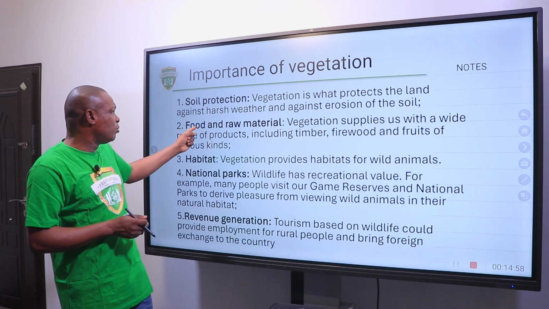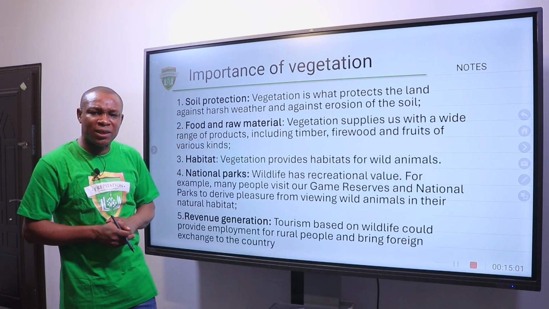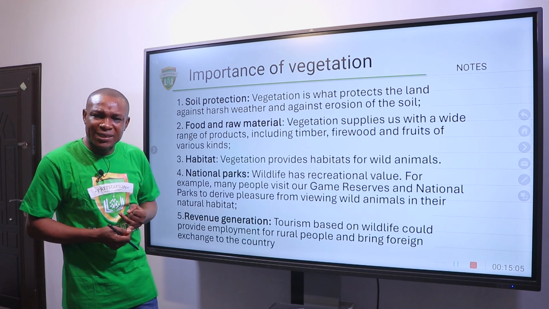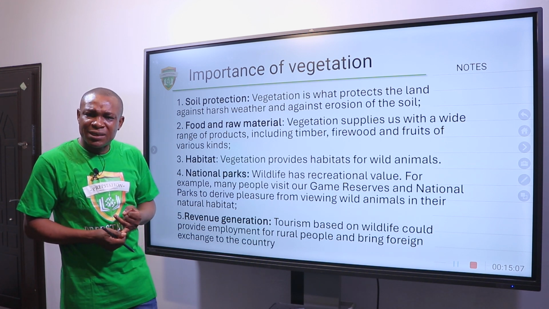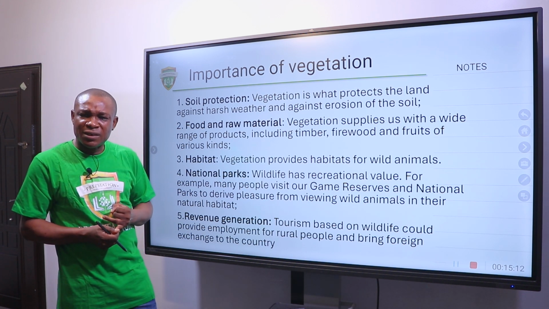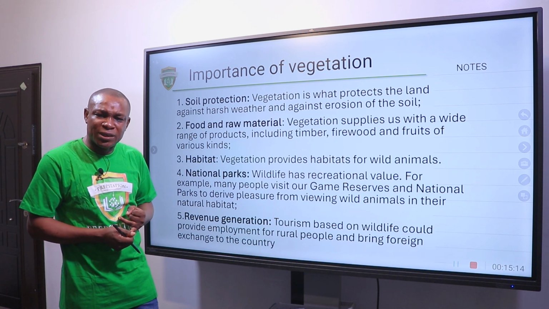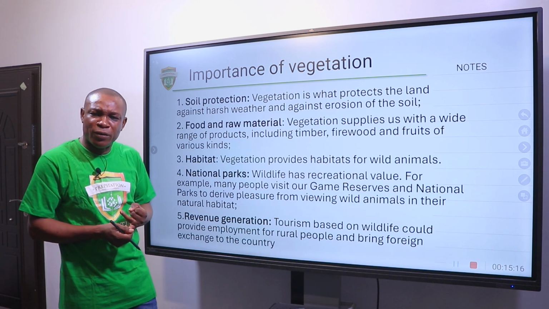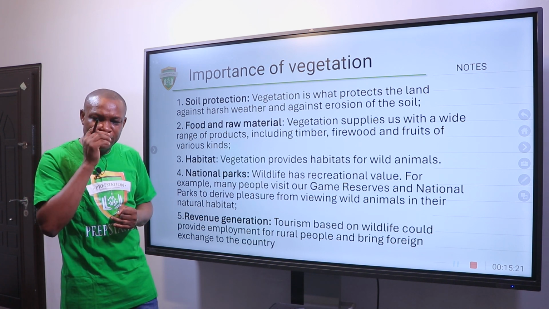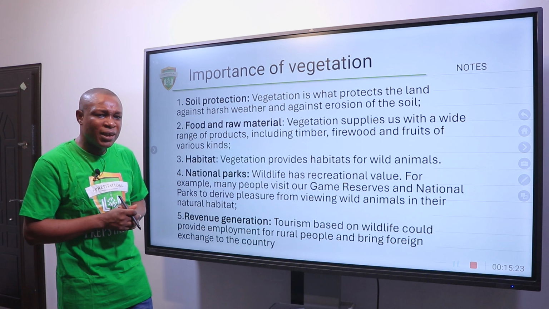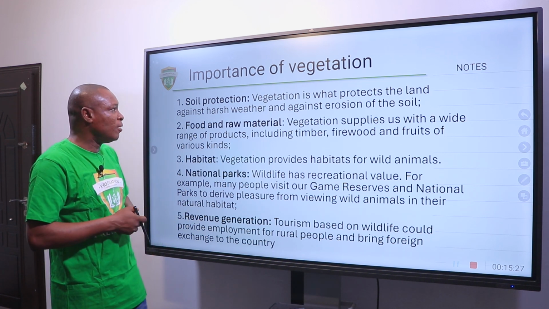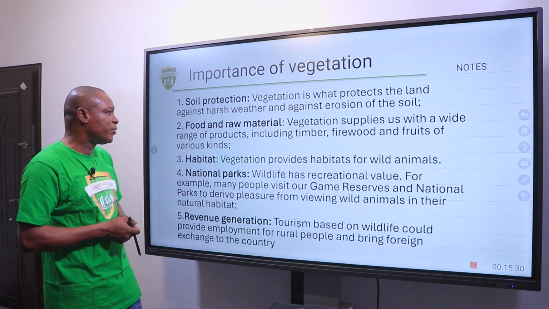Number two, food and raw materials. Some of the food we eat is plant-based. That is one of the importance of vegetation, they serve as food. So when you take plants from any of the vegetation, whether the forest or savanna, and make use of them as food, that means you are enjoying the vegetational resources of the country.